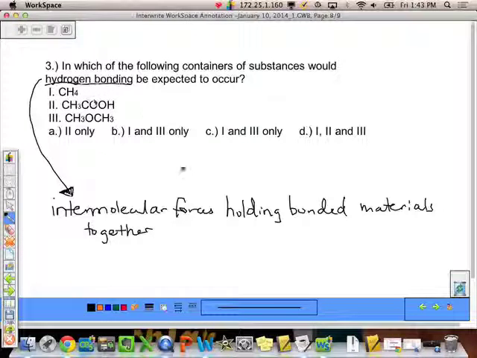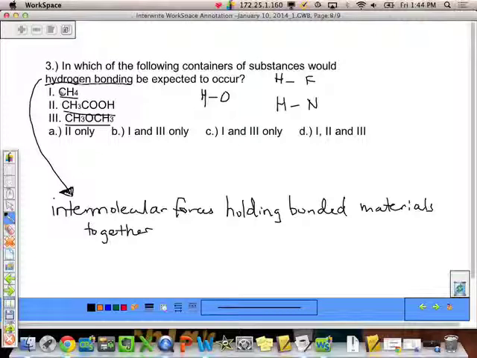So we have to think of the parameters for hydrogen bonding. In hydrogen bonding, the actual molecule itself has to have a hydrogen that is bonded to one of 3 elements. It either has to be a hydrogen bonded to an oxygen within the molecule, and then the hydrogen bonding are the forces that are occurring between, or hydrogen bonded to fluorine, or hydrogen bonded to nitrogen. Has to be one of those situations.